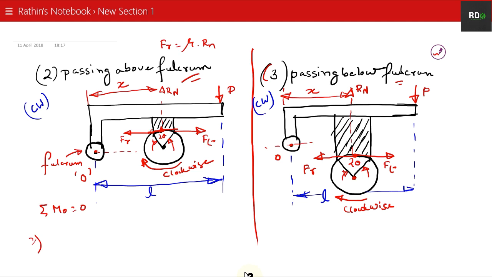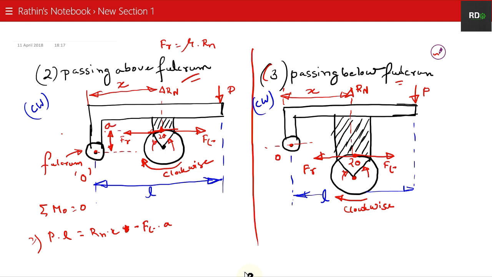Simple, P into L on one side. On this side, it will be Rn into X minus Ft into A. This distance is taken as A.